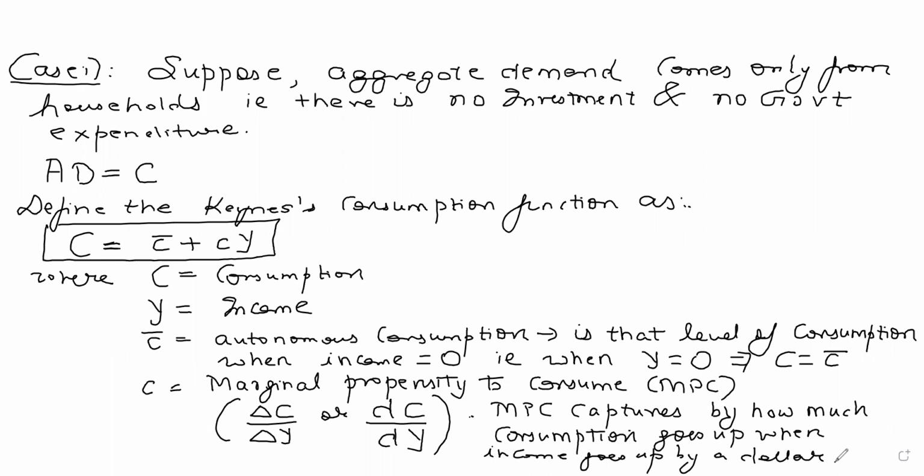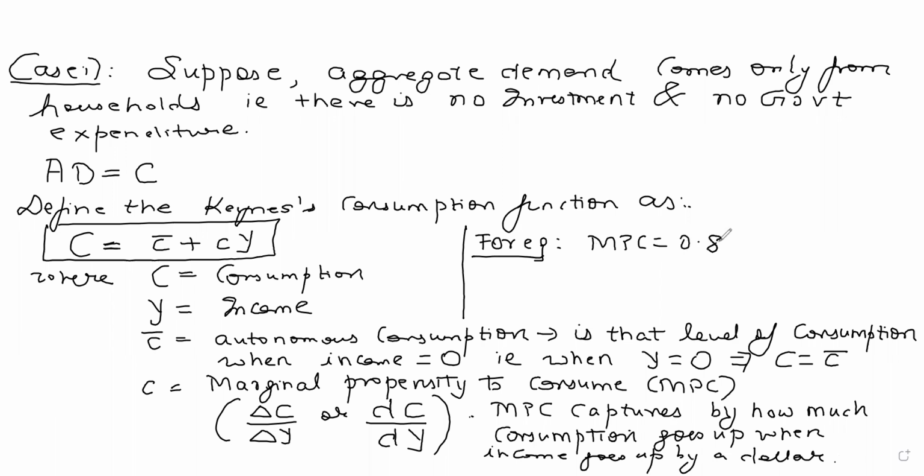So if your income goes up by $1, by how much will your consumption go up? For example, if I say that MPC is equal to 0.8, what does that mean?